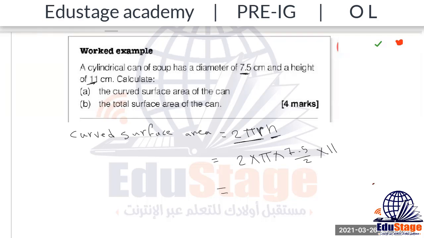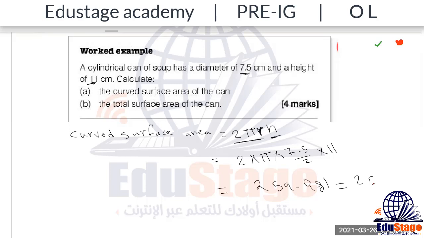Then the answer is 259.981? Is it 259.981? 1 minute, I need to calculate it again. 2 times pi times 7.5 divided by 2, times 11.